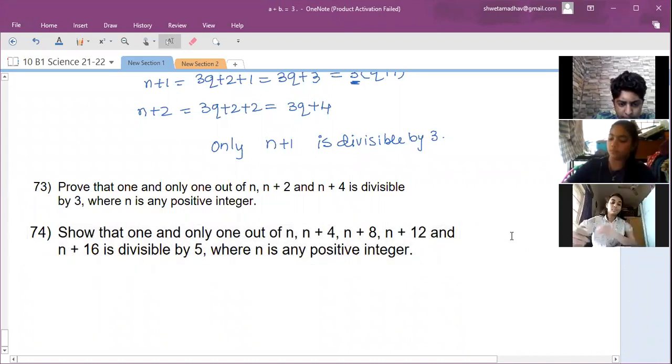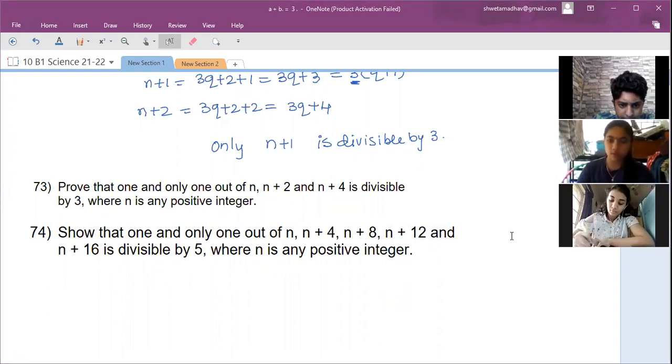Similar way. But here how many cases will there be? 5. 5 cases.